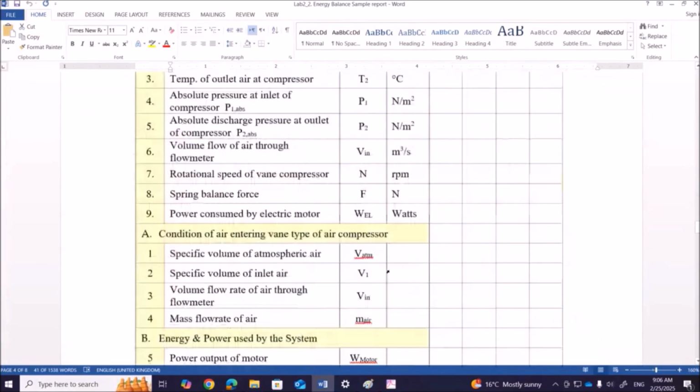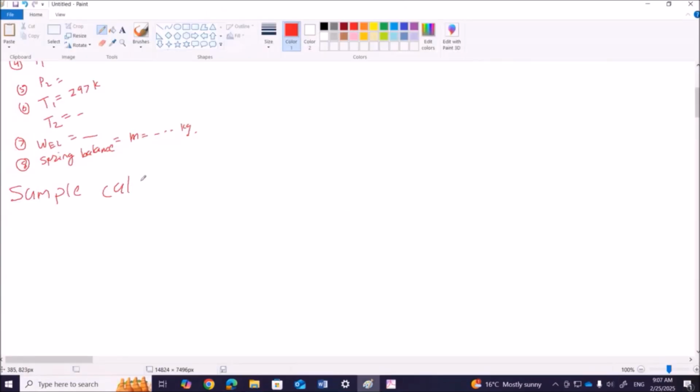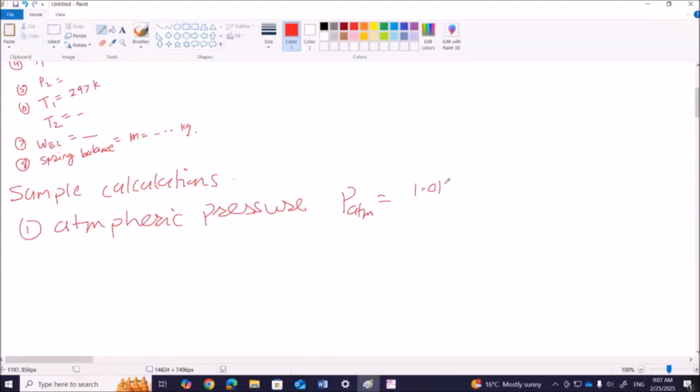First I need to convert the atmospheric pressure. PATM is equal to 1.01325 bar. I will consider all digits, no problem. 1.01325 bar means 10 to the power 5 Pascal, Newton per meter square. This is called the primary SI unit.